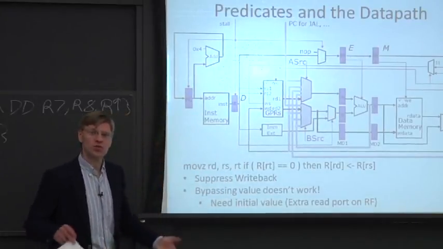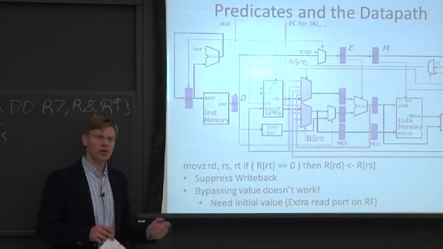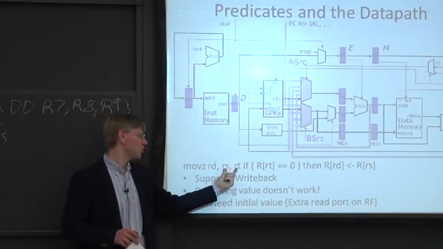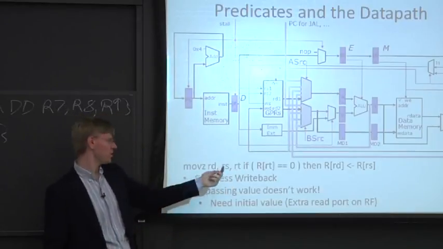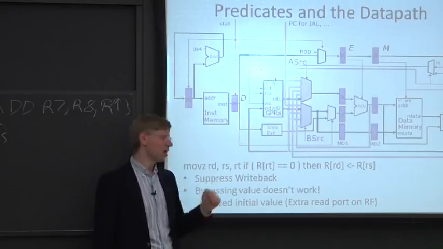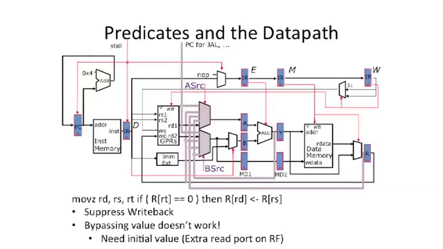So in a traditional RISC pipeline here, we're only going to fetch our two sources, and we only write one location. So we're going to fetch RS or RT, and then we're going to write to RD. Now, all of a sudden in this instruction, we need to read RS. OK, we need to read that because we need to overwrite RD with RS if the condition is true.